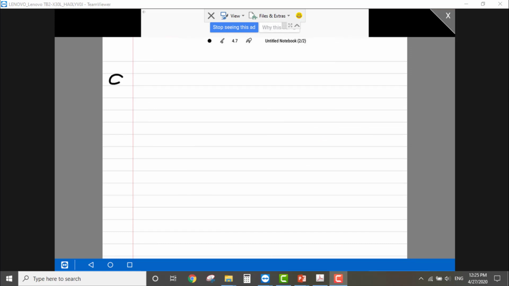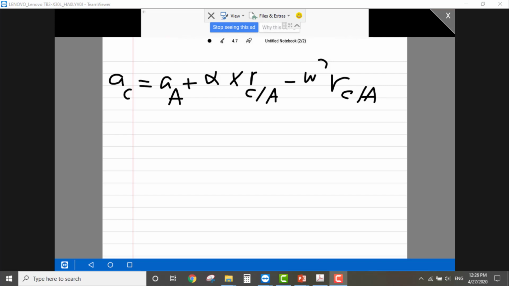Now AC is equal to AA plus the tangential relative acceleration term, which is alpha cross product R C with respect to A, minus omega squared of this link dot product R C with respect to A. Now acceleration A is 0, sorry, and this is equal to alpha, which is given to be 4 rad per second squared clockwise, so this is minus 4k because it's clockwise.